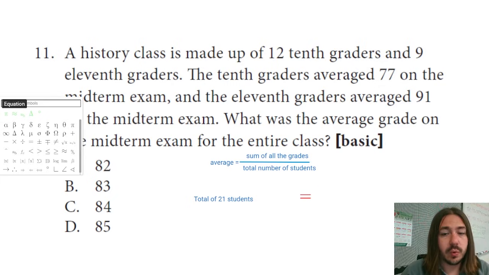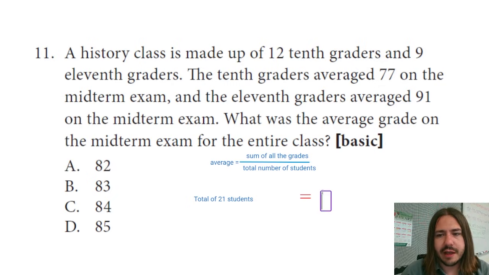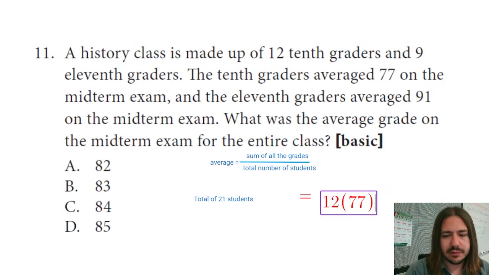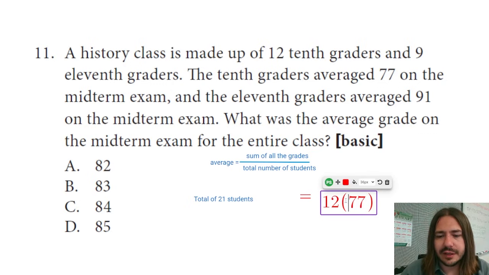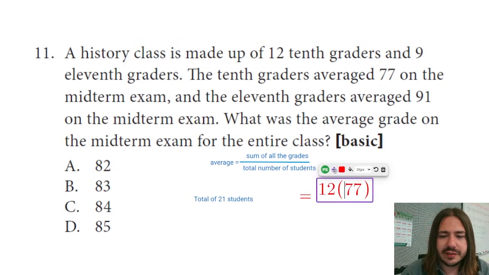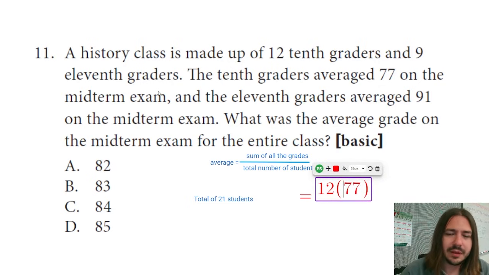So it says there are 12 10th graders and their average was a 77. But we could basically say that each one of them got a 77 and still have the same average, right? So we're going to multiply 12 students by 77, because each one of them, you could say, got a 77. Not that they did, but their average was a 77, so it would be the same thing.